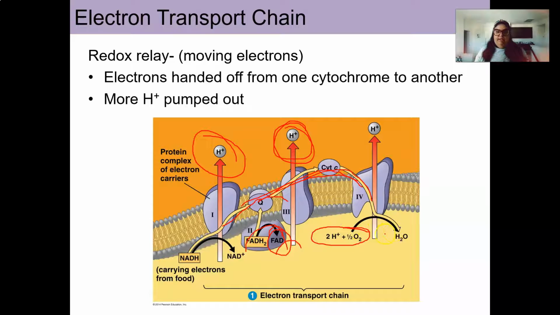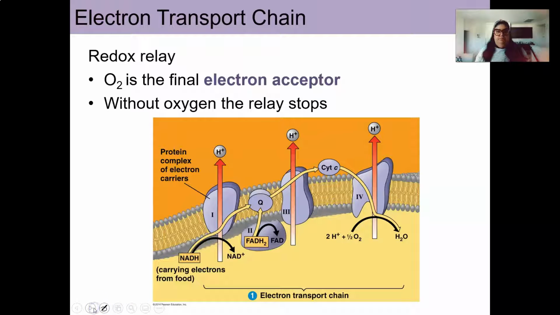You'll notice the last receiver is hydrogen and oxygen. Last receiver of electrons is hydrogen and oxygen, and we make water, and we get more hydrogen pumped out. Oxygen is the final electron acceptor.